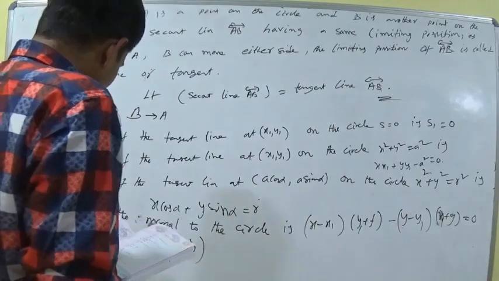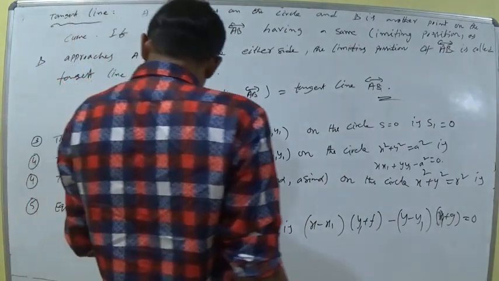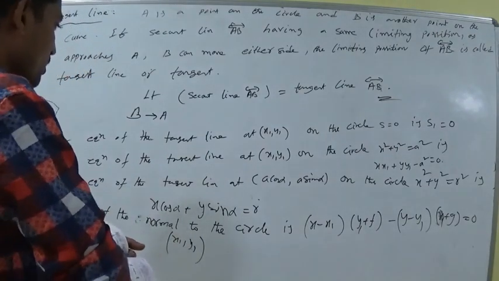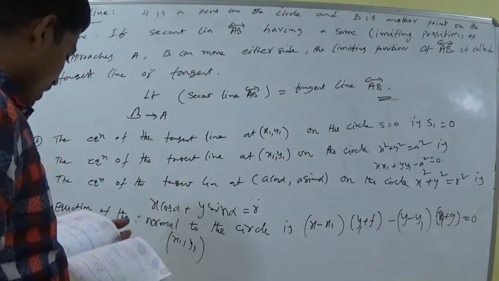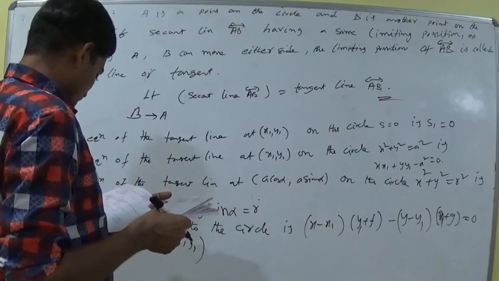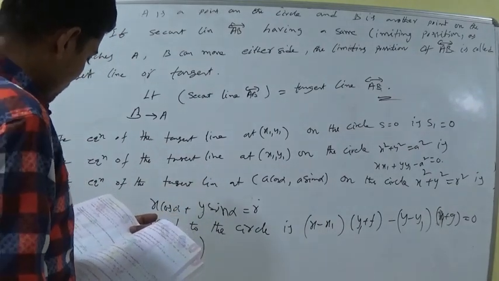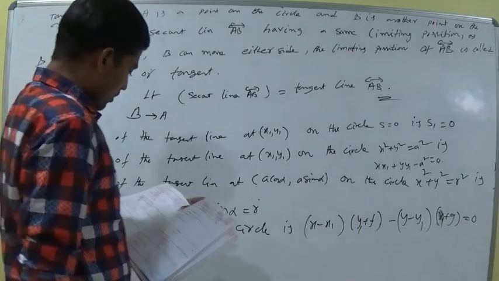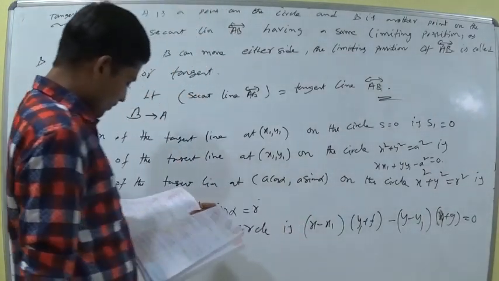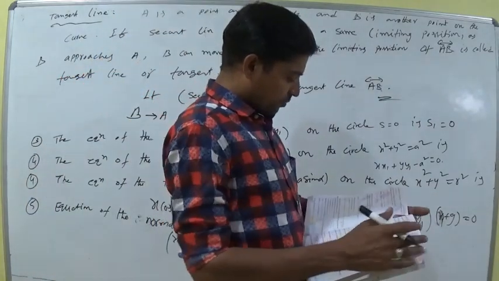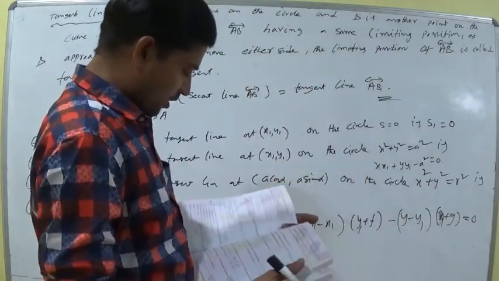Next, the perpendicular distance from a point to the line. The perpendicular distance is the modulus of the expression divided by the square root of a² + b², that we already learned in 9th class.